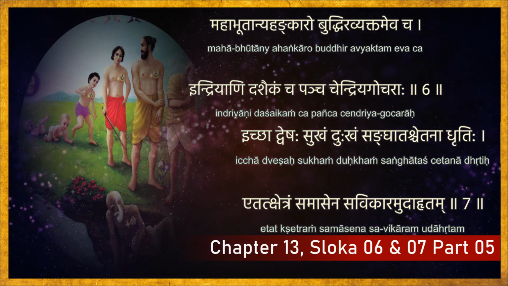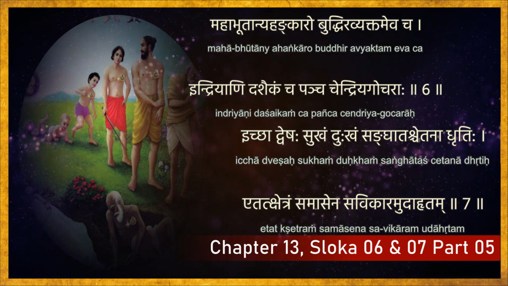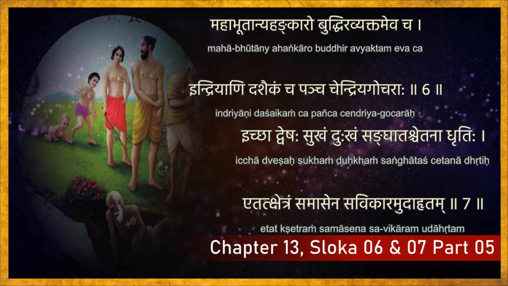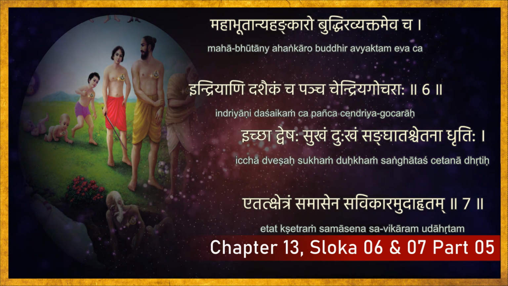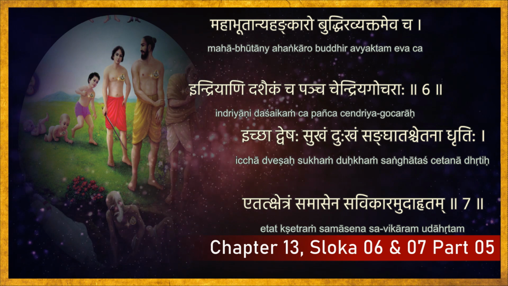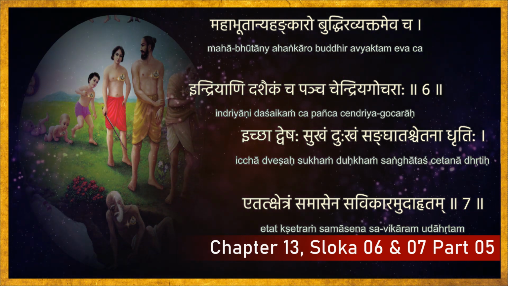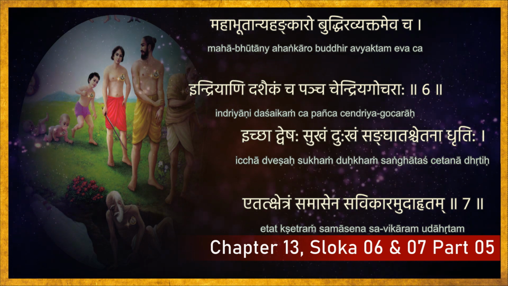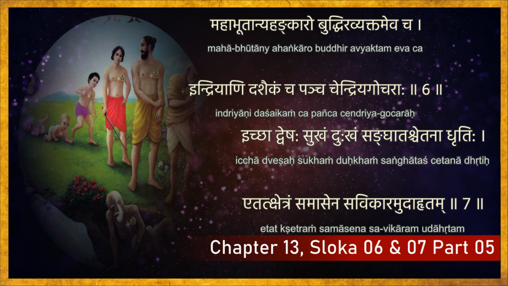In the previous session, we saw Sattvika ahaṅkāra produces 11 elements: 5 jnanendriya, 5 karmendriya, and manas, mind. Plus, if you add Prakriti, Mahan, ahaṅkāra, that makes it 14 in total.